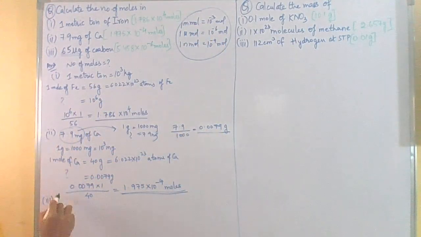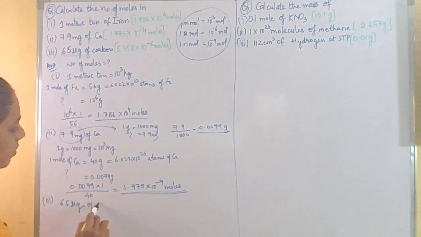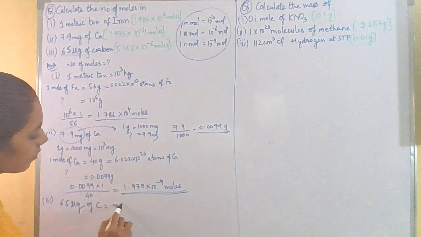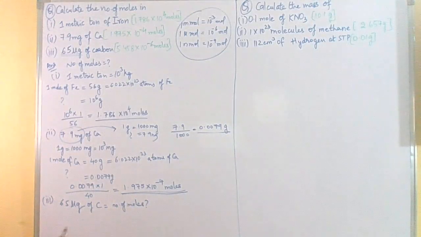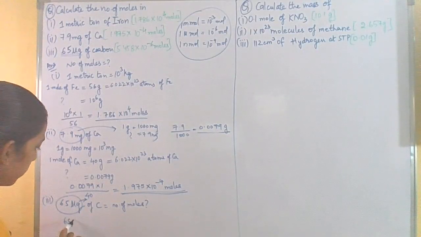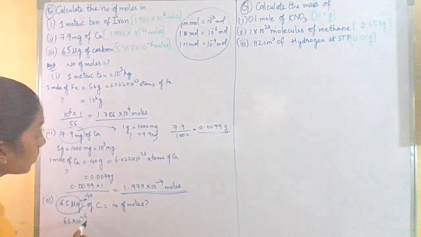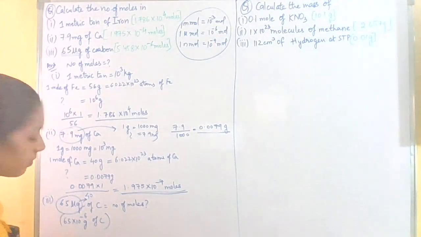So here they have given that 65 micrograms of carbon is equal to how many number of moles. So you have to convert this micrograms into grams. 65 into 10 to the power minus 6 grams of carbon. This is given.